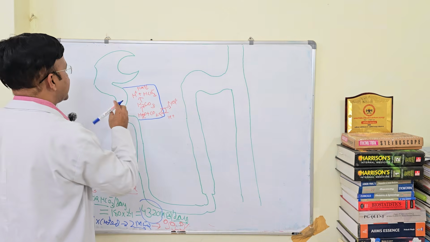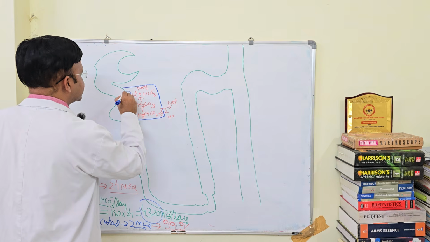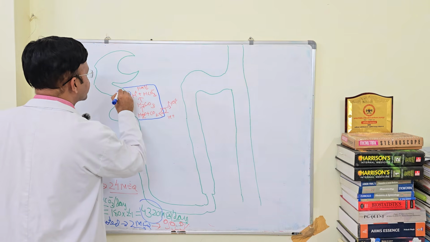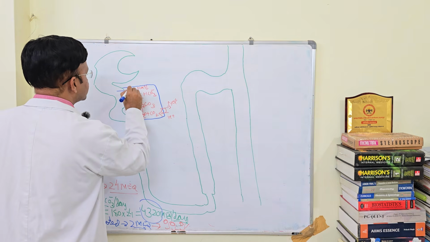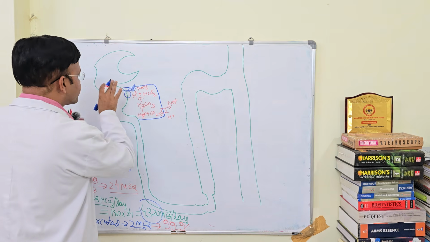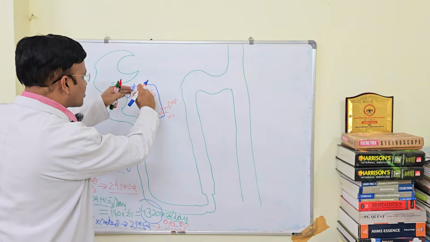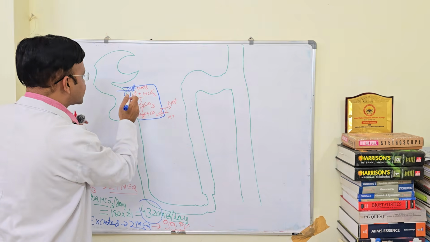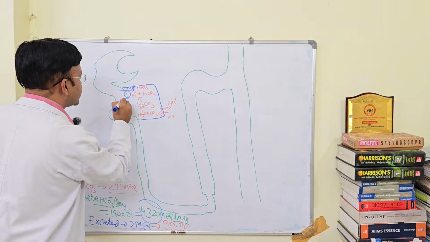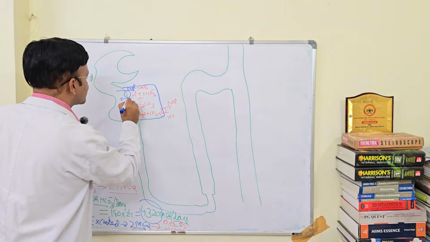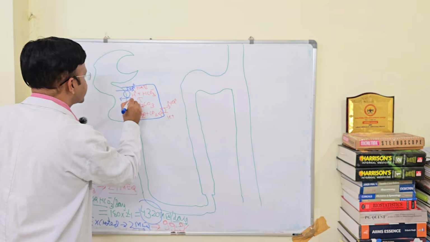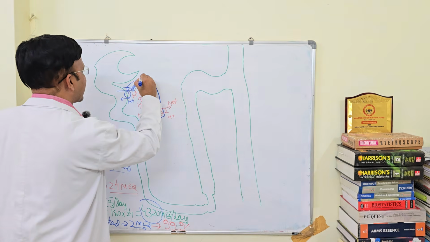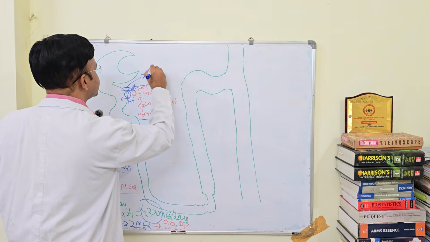So we will have an exchanger. This exchanger will utilize the gradient of sodium. Sodium can easily go from this side to this side because sodium is already less over here. So the sodium will come from this side to this side, and H plus will go from this side to this side. So this is the sodium hydrogen exchanger. It's very important. We also call it NHE3.